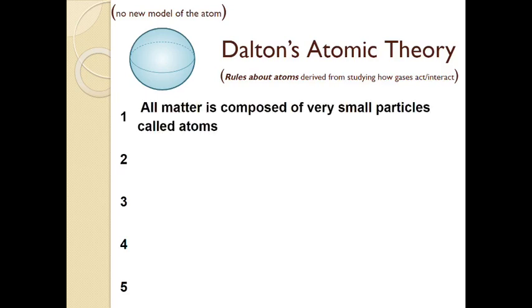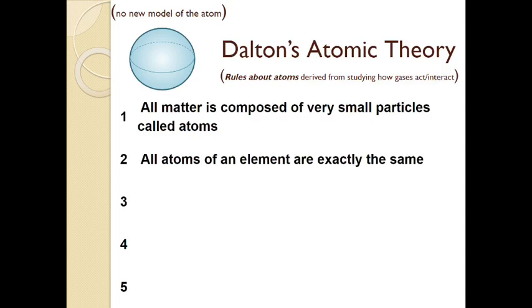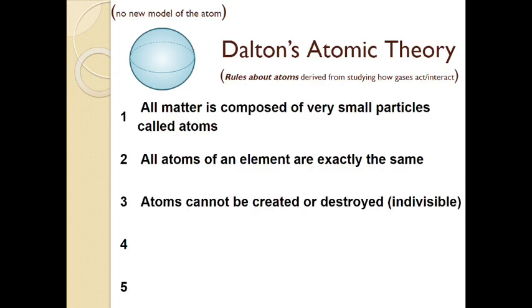So his first rule about atoms was all matter is composed of atoms, small particles and pieces. And all atoms of the same element are exactly the same. Atoms can't be created or destroyed. They're indivisible, coming back to that idea of uncuttable or unbreakable atoms that Democritus came up with.